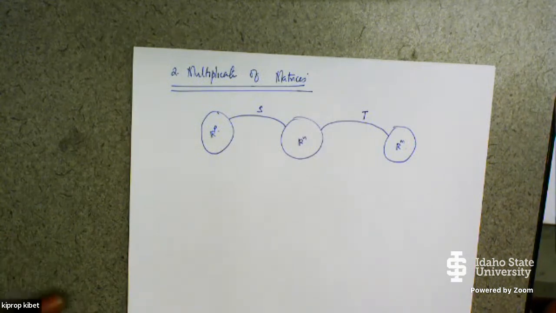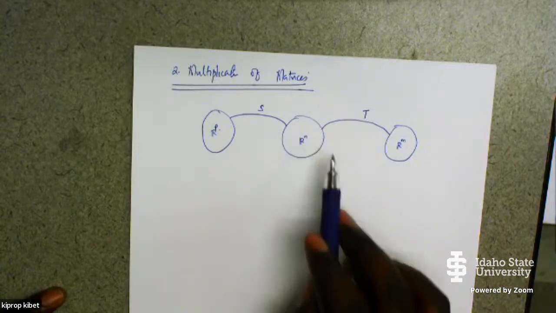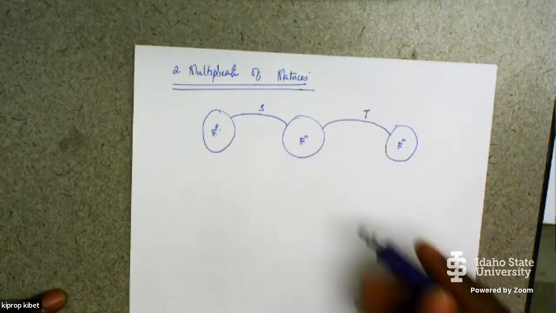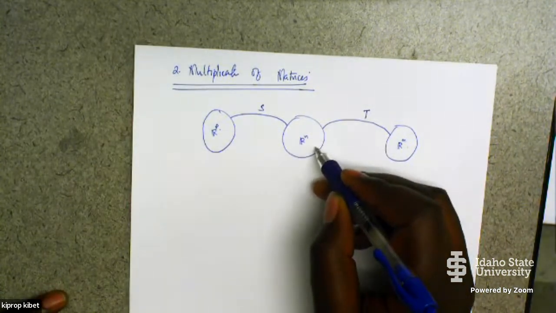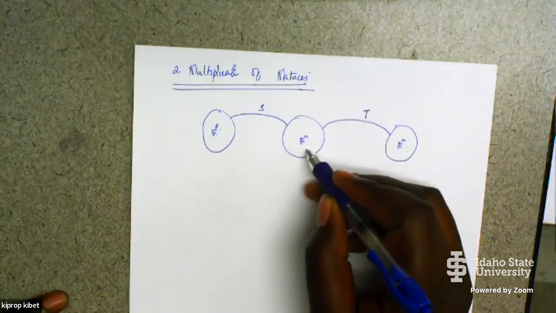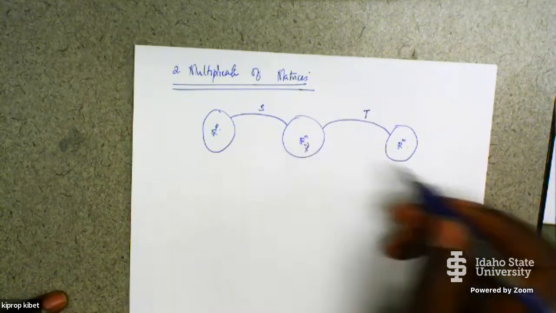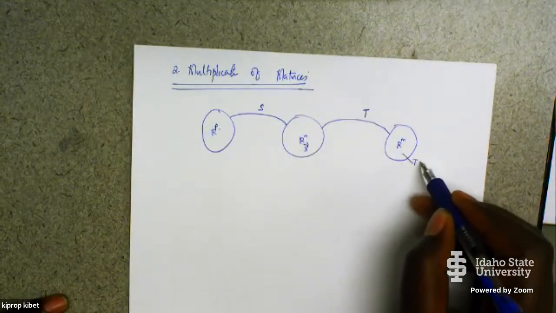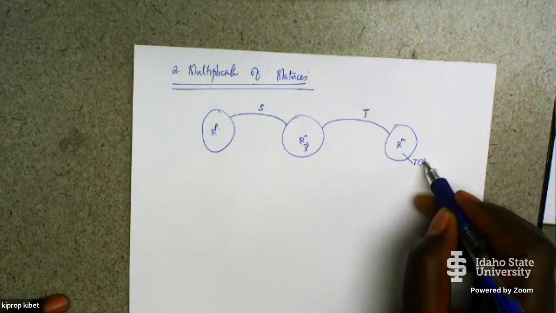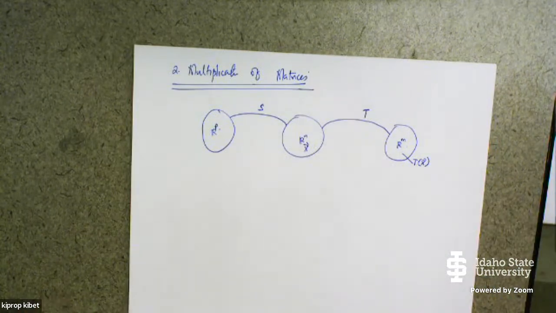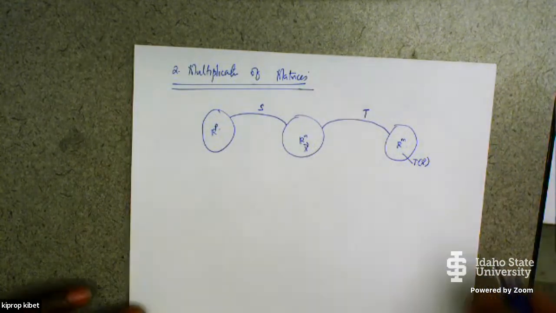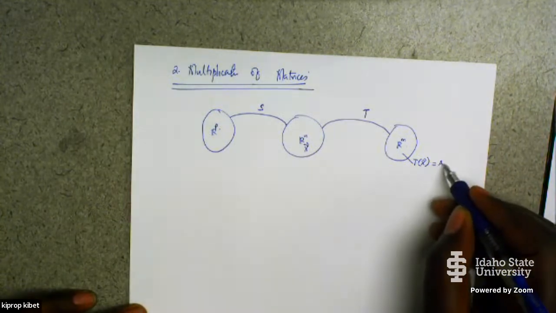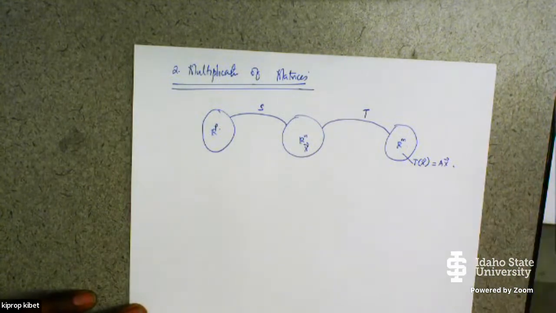Now, if we take the elements here as X, then the transformation here will be what? T of X, which is similar to what? AX, right?